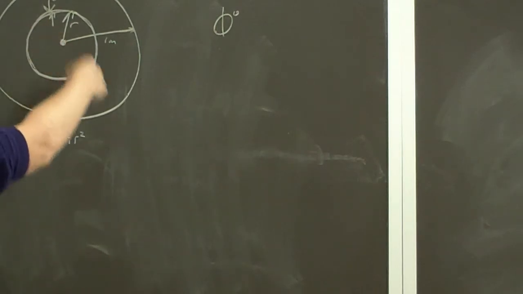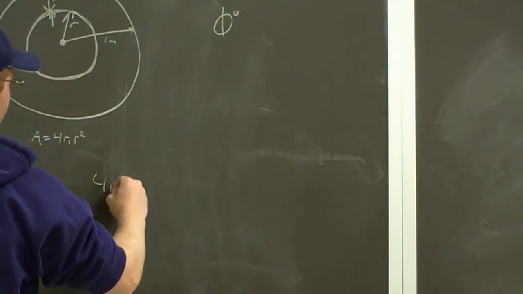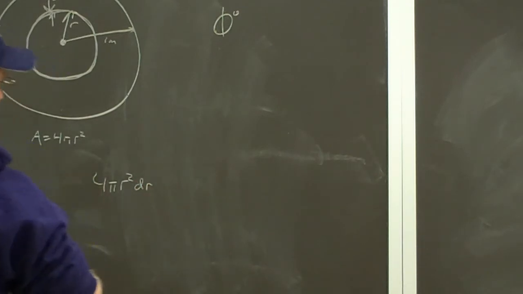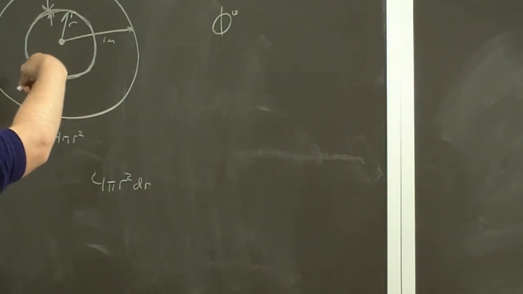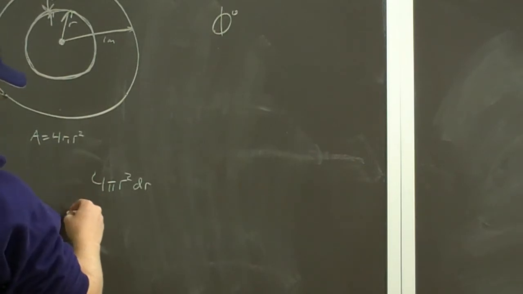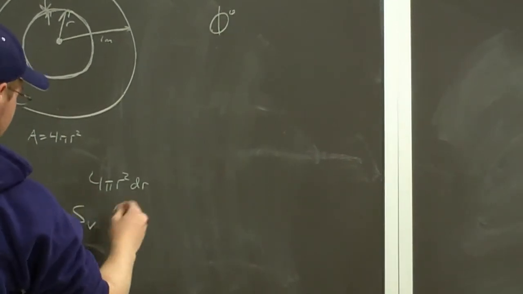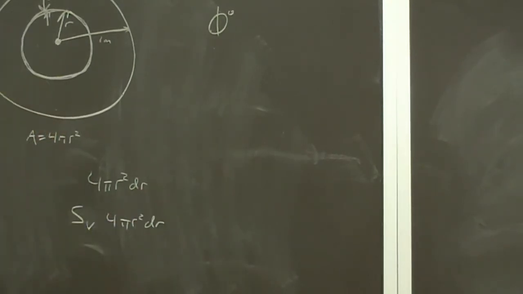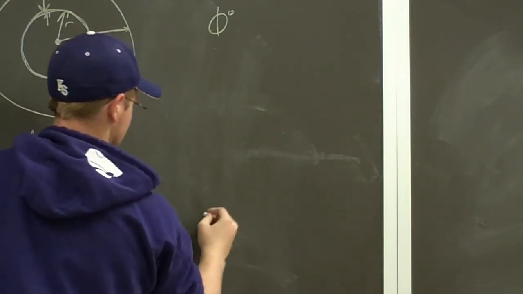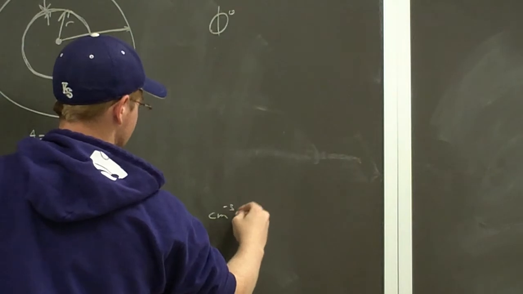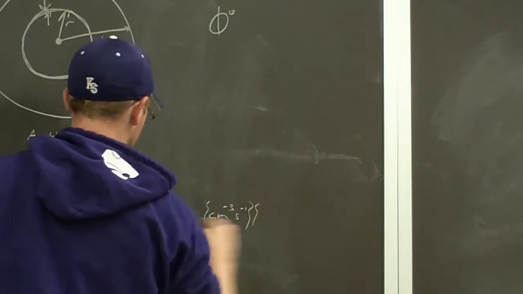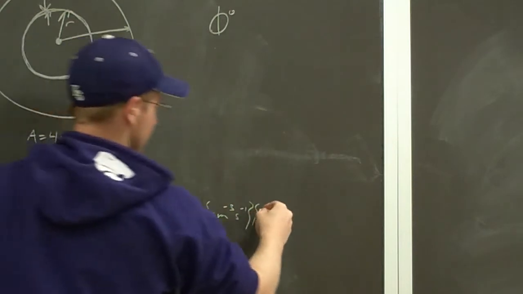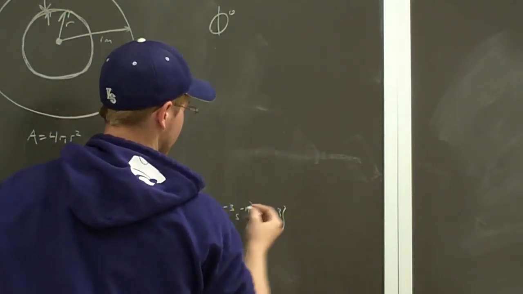The volume of one of these shells is 4 pi r squared dr, and the source strength stored within that shell is SV times 4 pi r squared dr. Everybody okay with that? The units are per centimeter cubed per second, and whenever you integrate you get r cubed, so centimeters cubed, and you end up with photons per second.